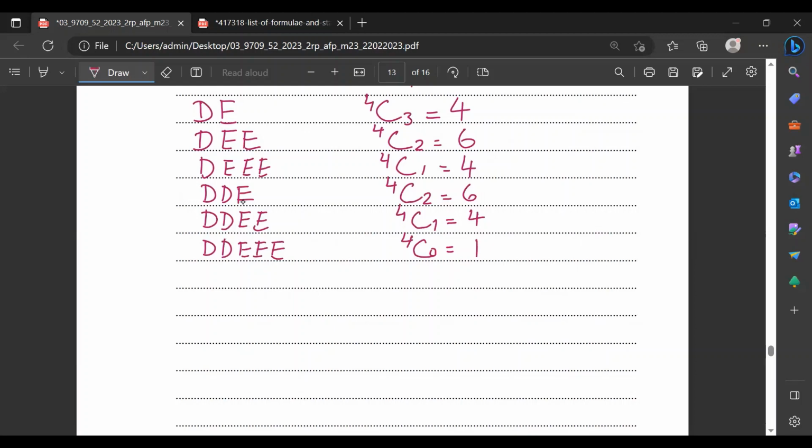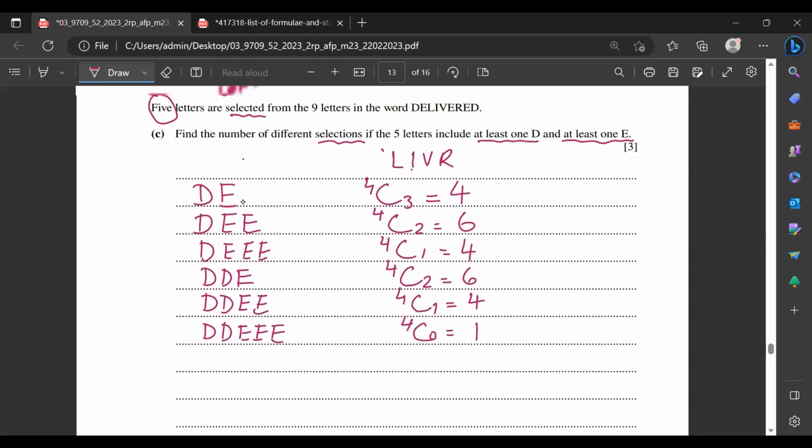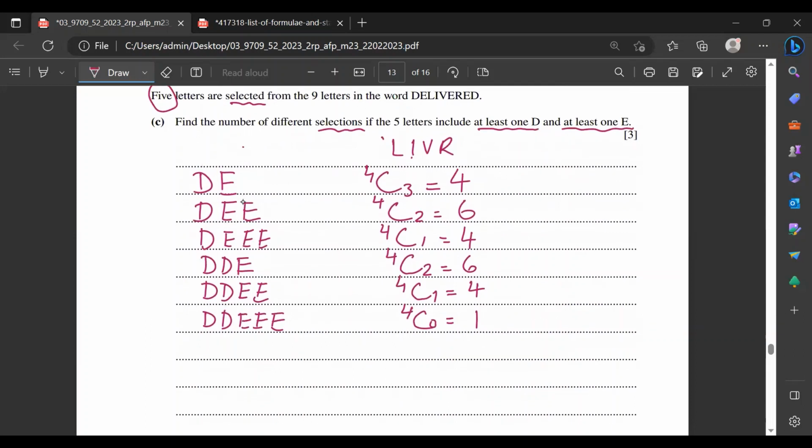So just count them. These are different options. I'm not writing all the options, but just giving the idea. It can be 1 D and 1 E, 1 D and 2 E's, 1 D and 3 E's, and then 2 D's with 1 E. It's simple. You can keep a record of this.